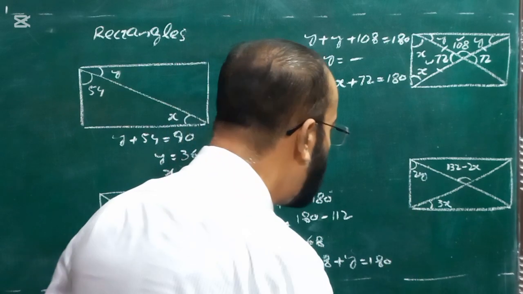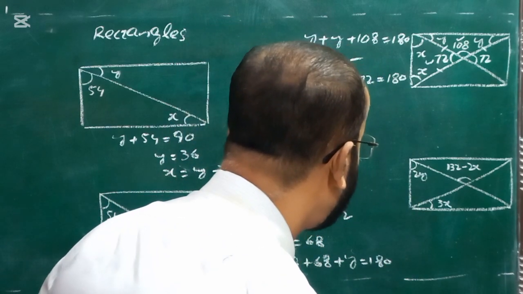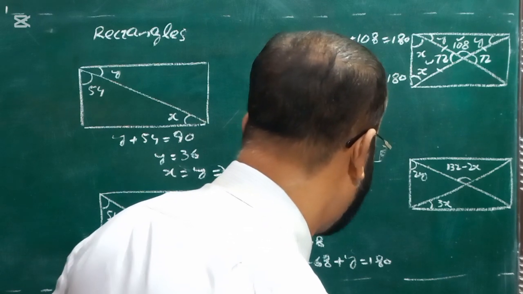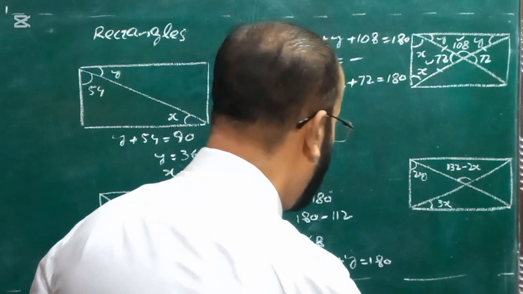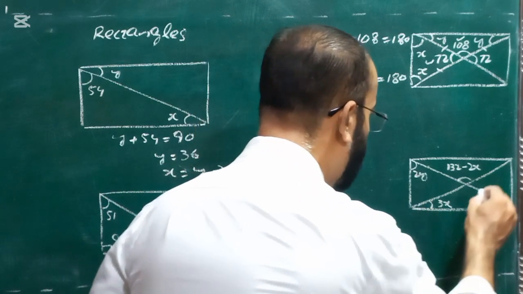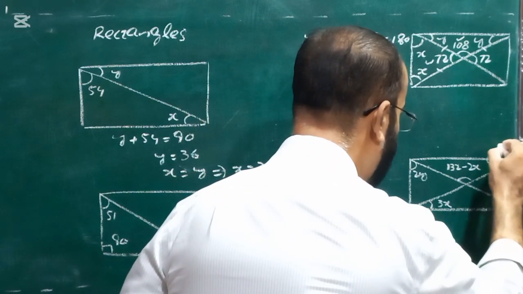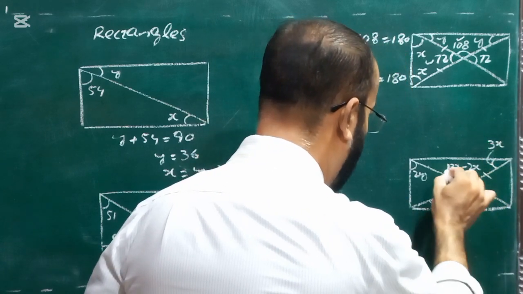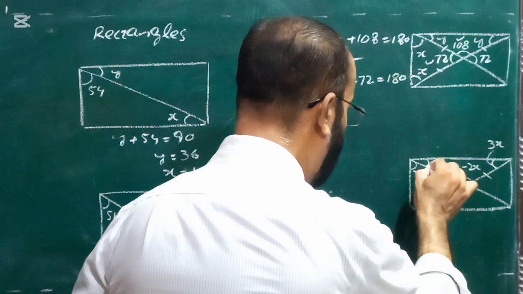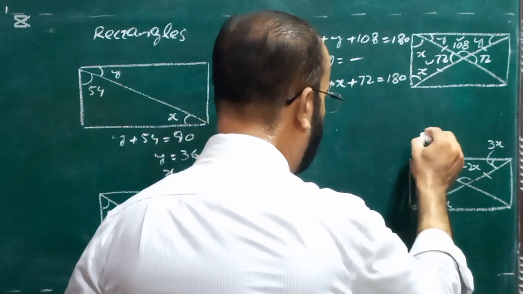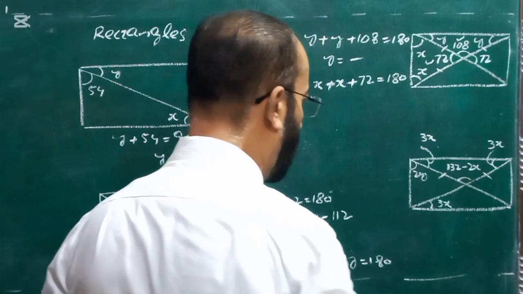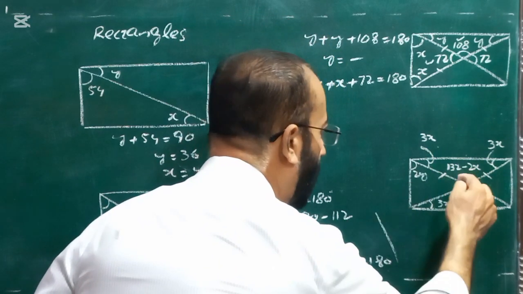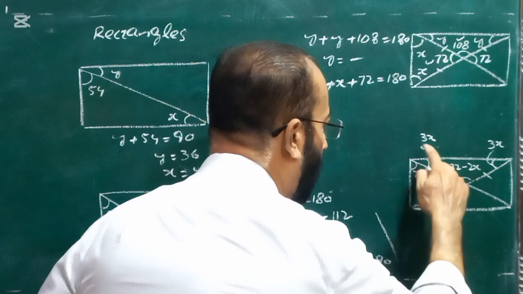So if you come into this figure now, again, x and y, two missing values are there. So if this angle is 3x, this will also be 3x because of the alternate angles. And because this is an isosceles triangle, this is also 3x, because their base angles are equal. And so from here, you can see the sum of the angles of a triangle is 180 degrees, because all are in x now.